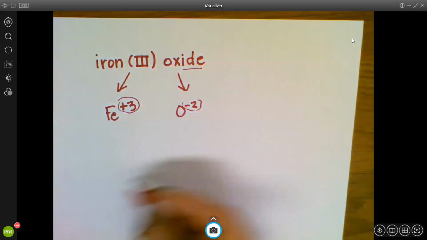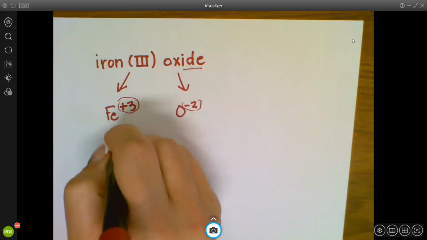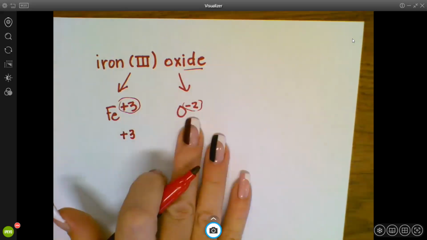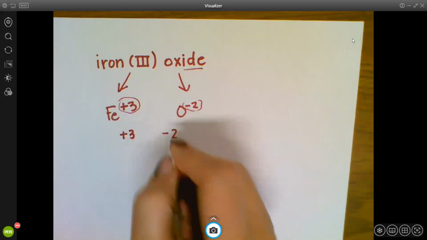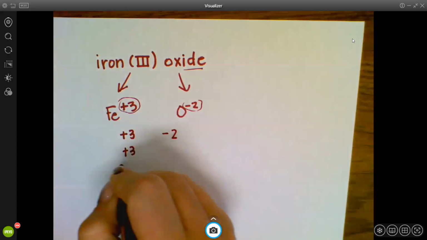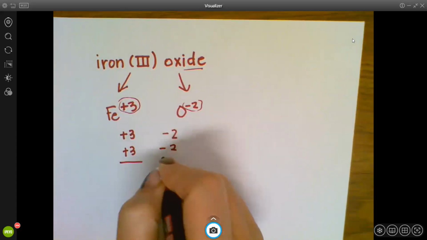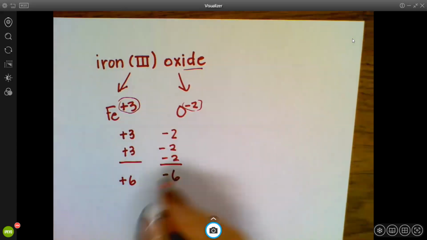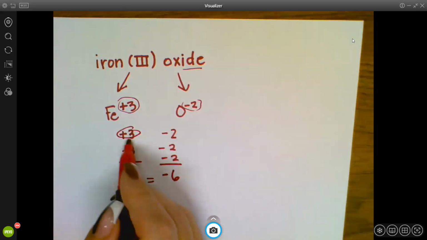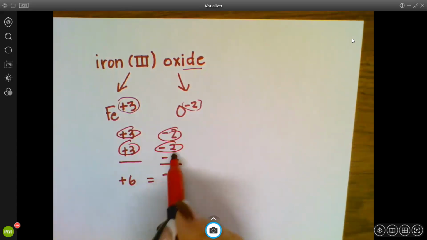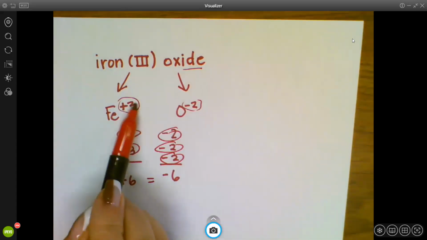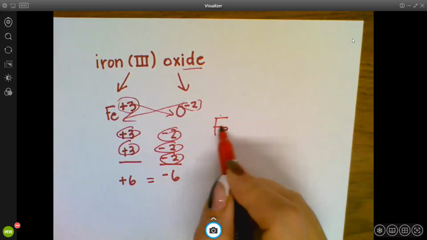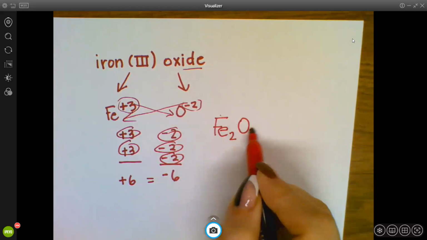And so you could do your little drawing. You could do it sort of mathematically. We know that the number of electrons lost have to equal the number of electrons gained. So I don't have enough over here or over here. So in order to have the same amount of positive and negative charges, I would need 2 of these. I would need 3 of these. Or you could just simply use the swap and drop method. Either way, you're going to find out that the formula would be Fe2O3.